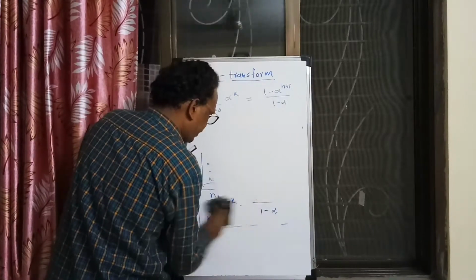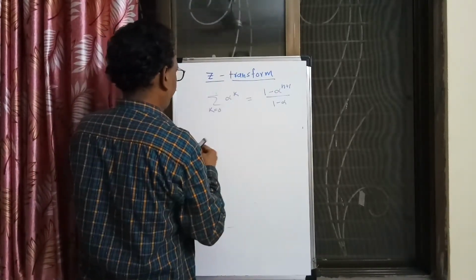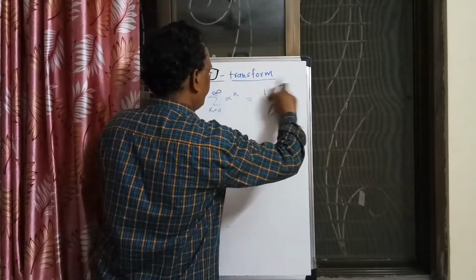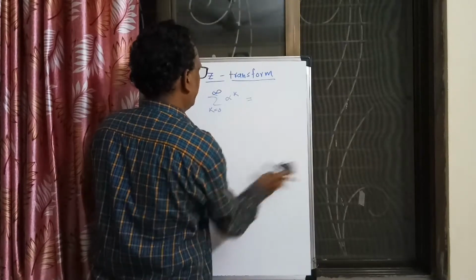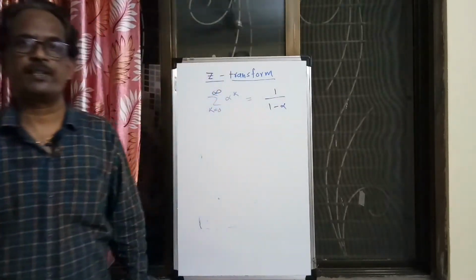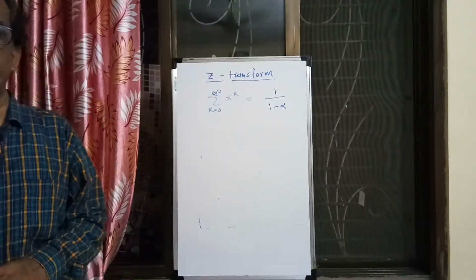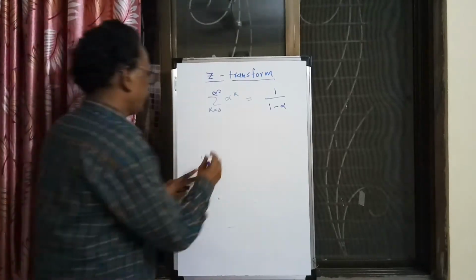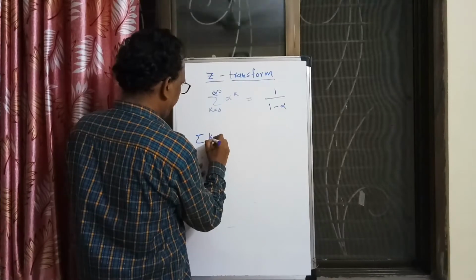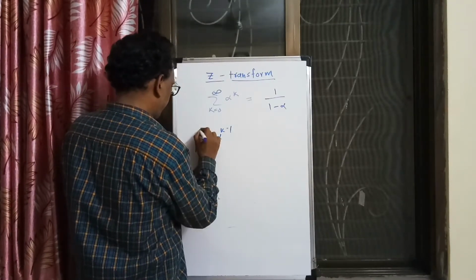what we'll be doing is taking the derivative. Let us take k equal to 0 to infinity of alpha raised to k, which equals 1 over 1 minus alpha. If I differentiate both sides with respect to alpha, what will be the result? Differentiating alpha raised to k gives k times alpha raised to k minus 1, with k equal to 0 to infinity.